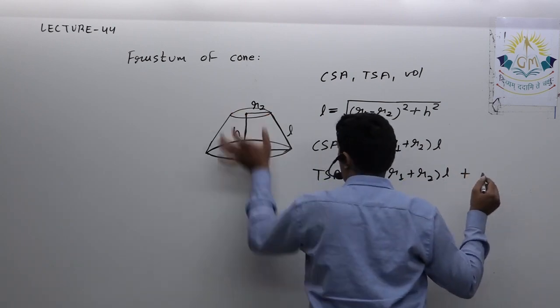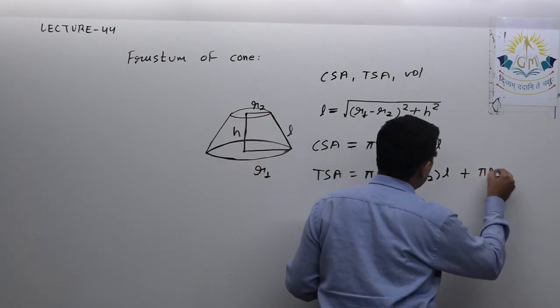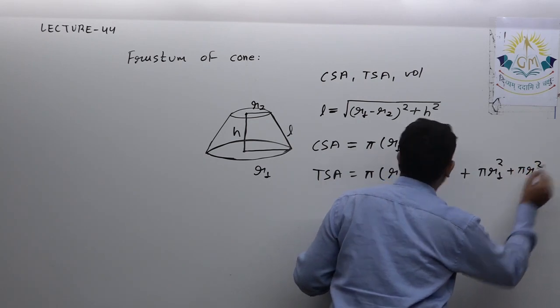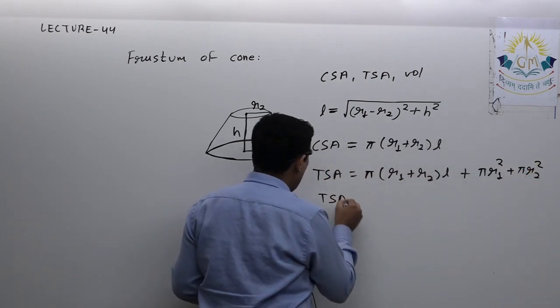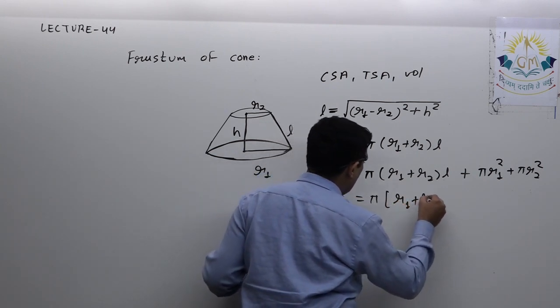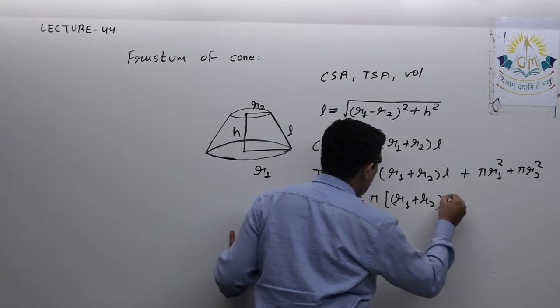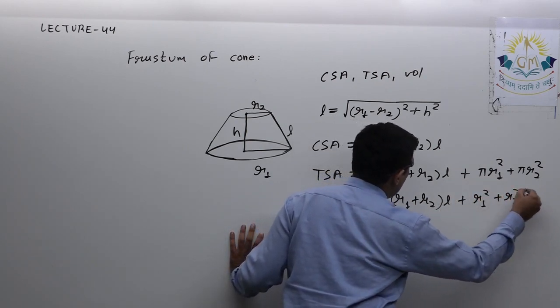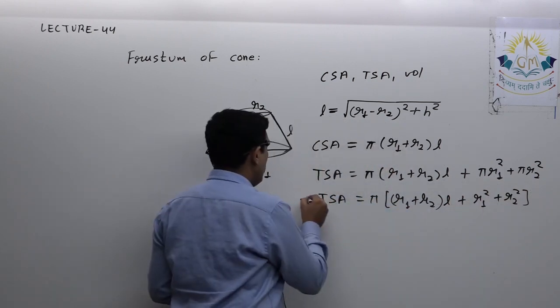Both are circular, so their areas are pi R1 square plus pi R2 square. We can take pi common, so the TSA is pi times (R1 plus R2) into L plus R1 square plus R2 square.